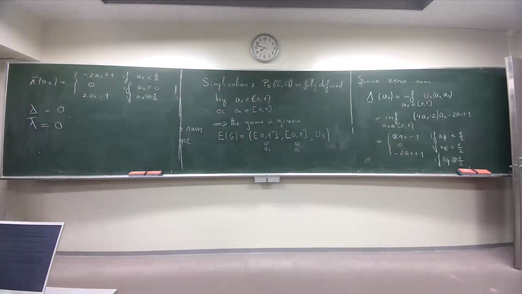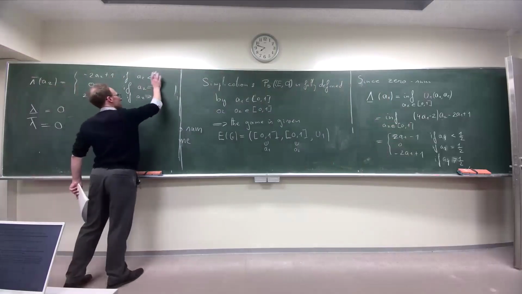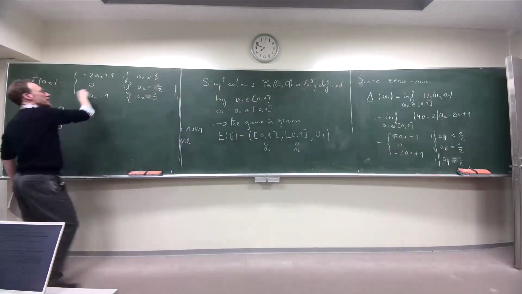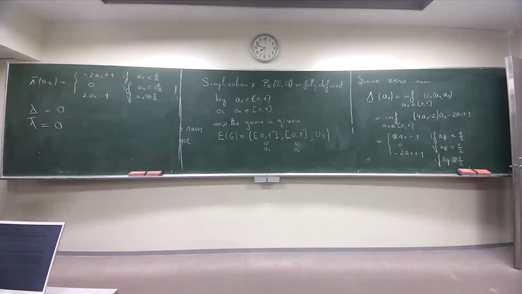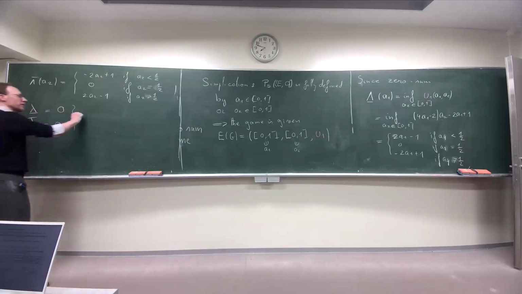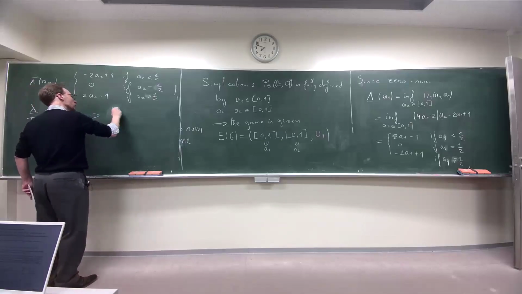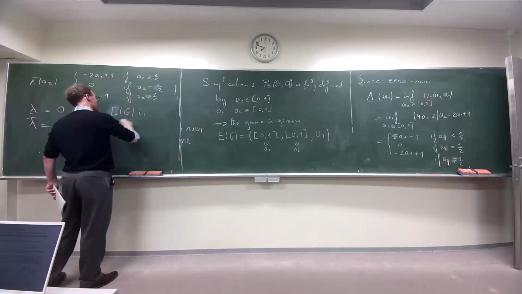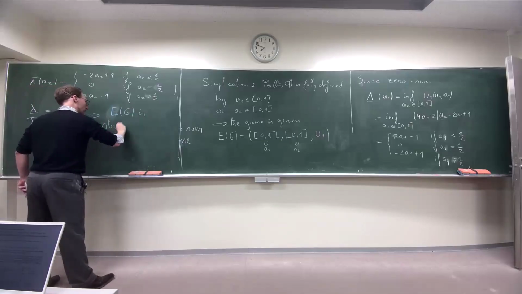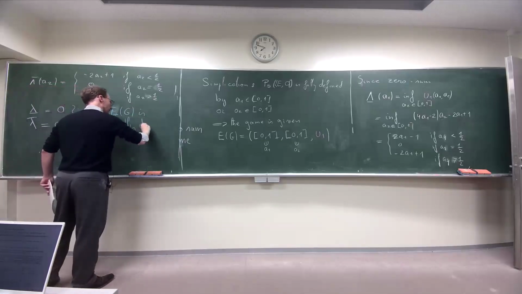There is a mistake. 1/2, yes. Yes, thank you. The 0 is here. Yes, thank you. I told you were better than me. Okay, so what it means here, remember, it means the game, this new extension, is strictly determined.